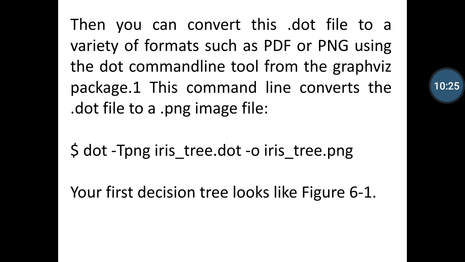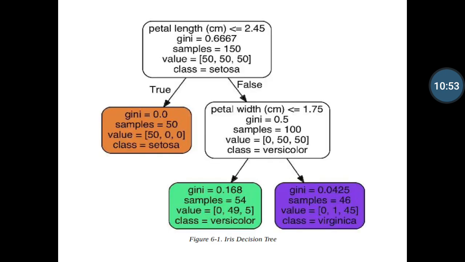Writing here I am coding: dot -Tpng iris_tree.dot -o iris_tree.png. It converts the tree dot file to iris_tree.png. Your first decision tree looks like the figure in this lecture.